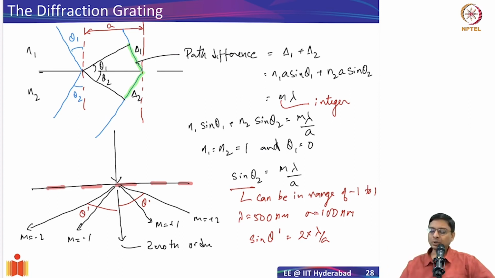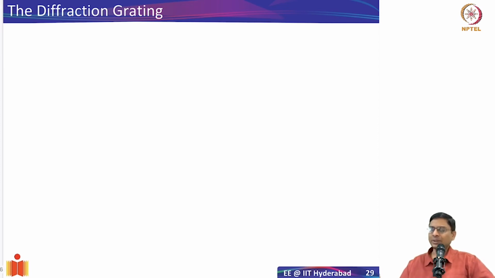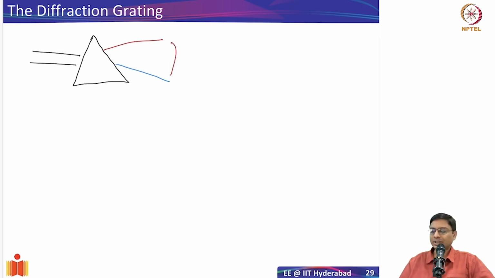It is something similar to what you would have seen in a prism. In the basic school curriculum, they talk of a prism with white light incident from the left, and then they say that there is blue which bends in one direction, red which bends in another direction, and so on. So you have the dispersion of light, right?